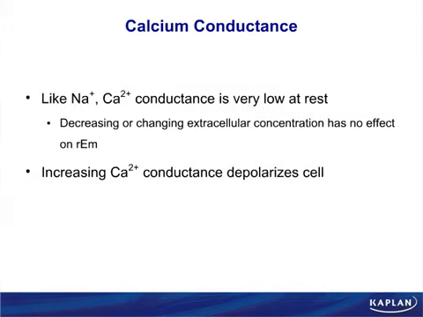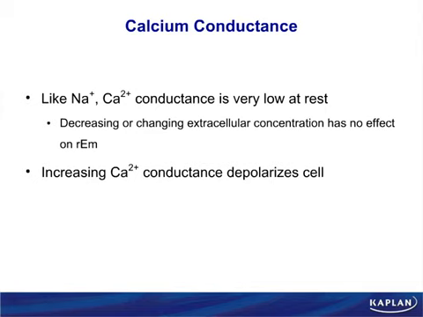Calcium is similar to sodium and to chloride in that conductance is very low at rest. So changing extracellular concentrations will have no impact on resting membrane potential. But hopefully you remember that the concentration gradient for calcium was to go in. The equilibrium potential is around plus 125.